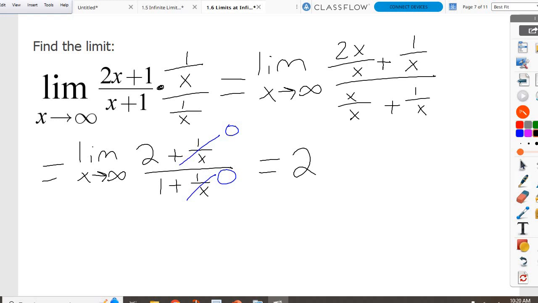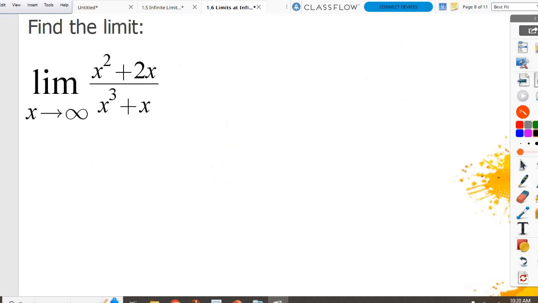Okay, let's look at another. So what's different about this one? As a cubic, okay. Well, what else? The degree of the denominator is larger than the degree of the numerator. Okay. So theoretically, my denominator should be getting bigger faster. Agreed?